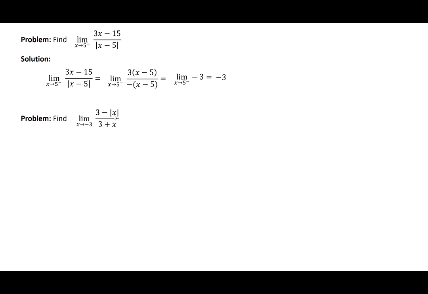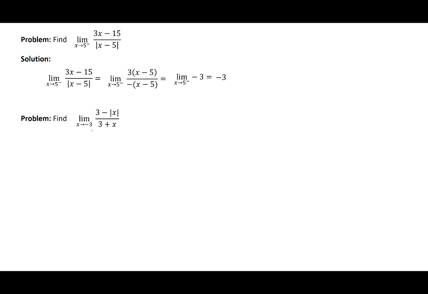Does that make sense? Let me repeat that. We are talking about x approaching negative 3. Negative 3, when approached either slightly from the right or slightly from the left, is taking on negative values.